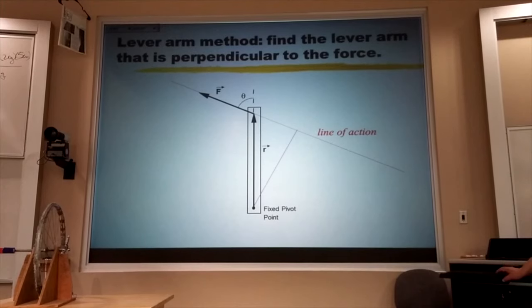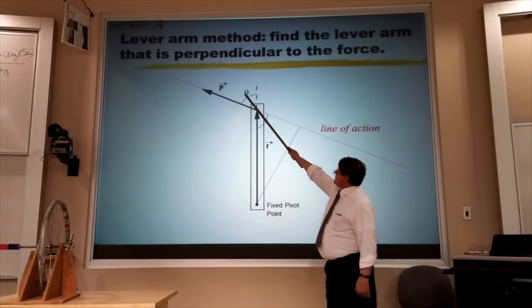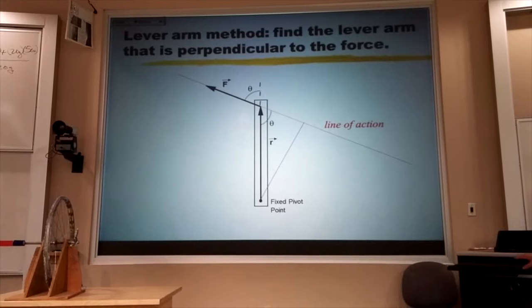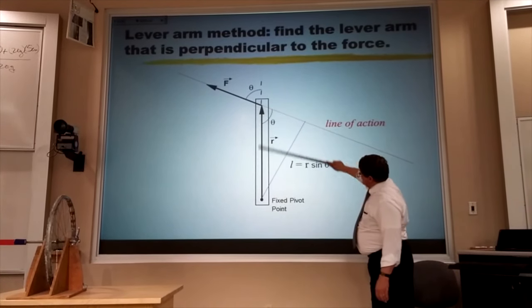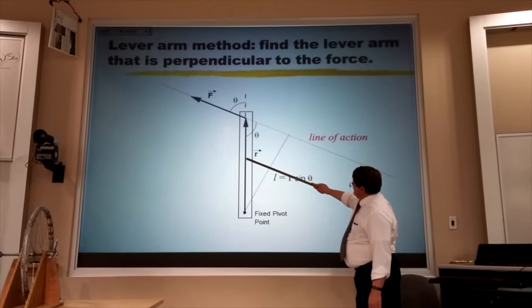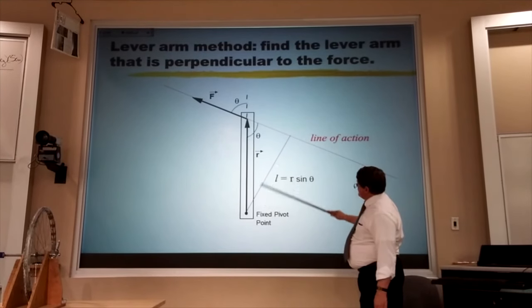Now if we do a little geometry again, this angle here has to be how big compared to theta? Well, it's got to be theta, right? Okay. And that means that this blue line is going to be the hypotenuse. There's my right triangle. It's going to be the hypotenuse r times the sine of the angle because it's the opposite side.